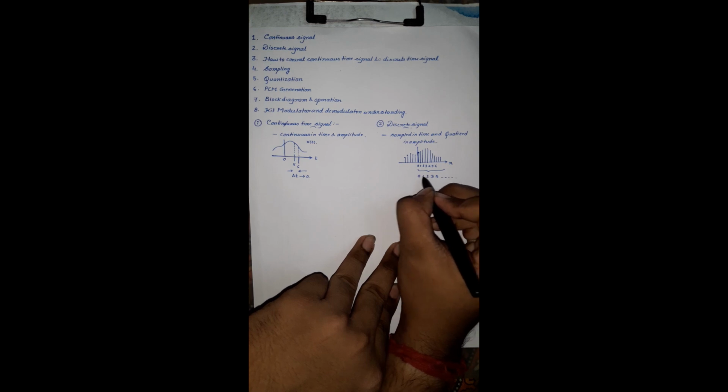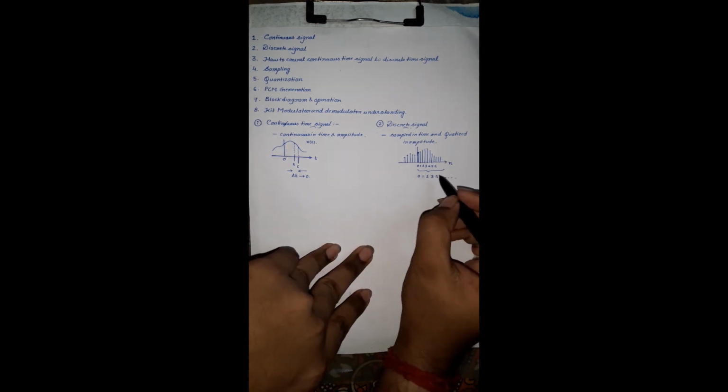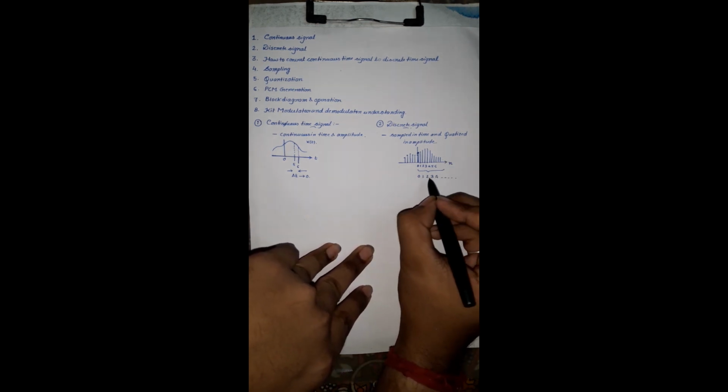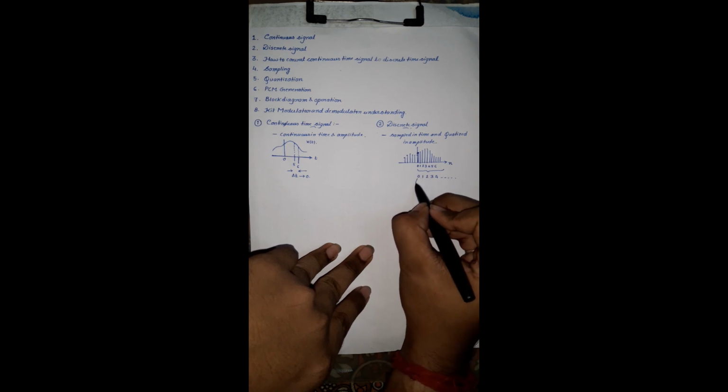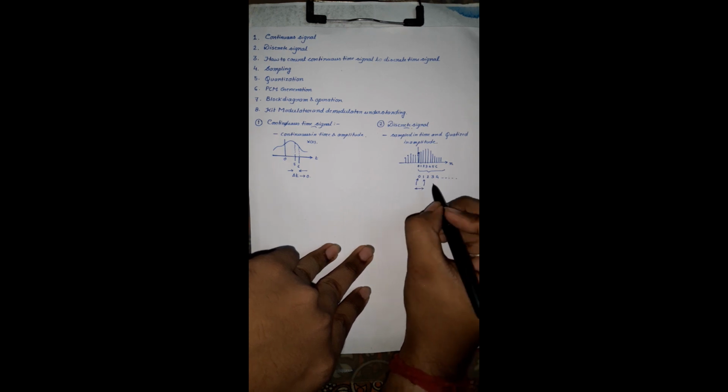This is called sampling, or the sample. I will tell you about sampling later on. But for now, just understand that the time domain is not continuous. Between 0 and 1 there are no other values considered. That's why this is called discrete time or sampled time.